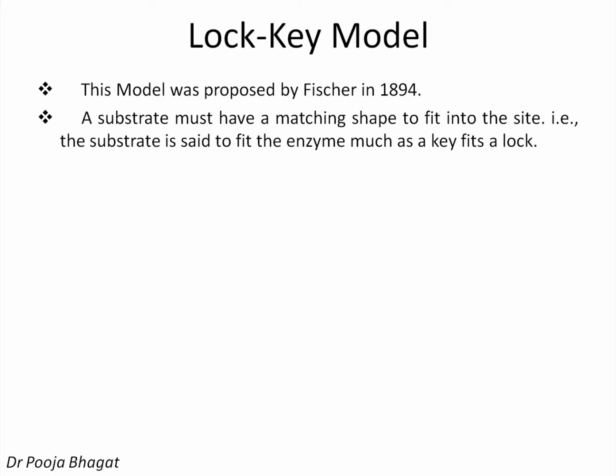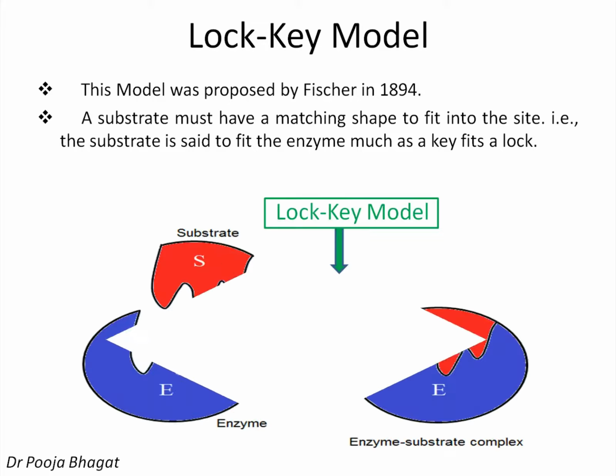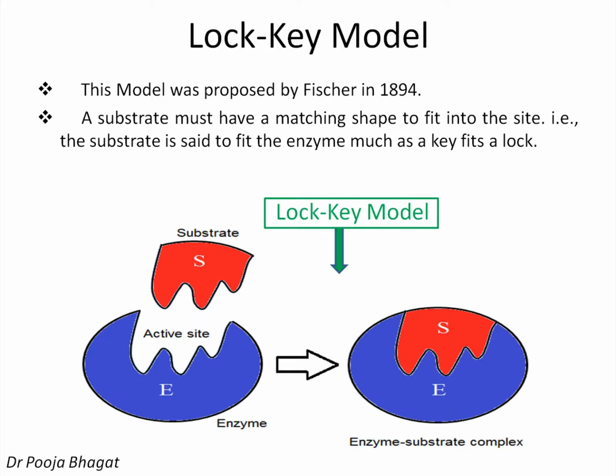Just like a particular lock can be opened by a particular key, the geometry of the enzyme, that is the lock, is complementary to that of the substrate, that is the key. Thus, the substrate fits into the enzyme as a key fits into a lock. So this is the lock-and-key model. A particular enzyme can act on a particular substrate.